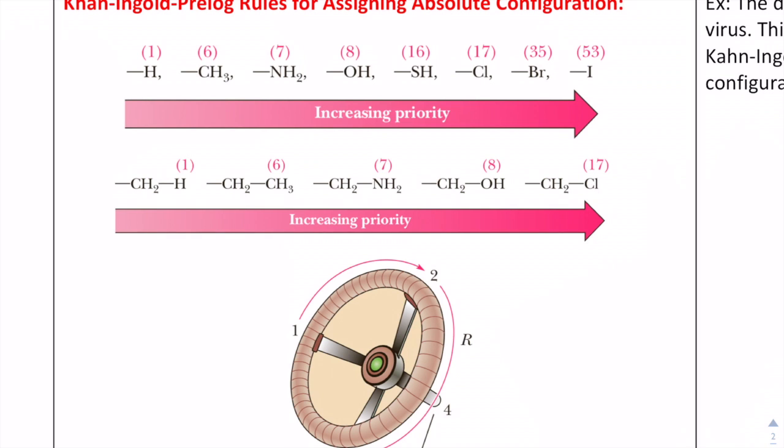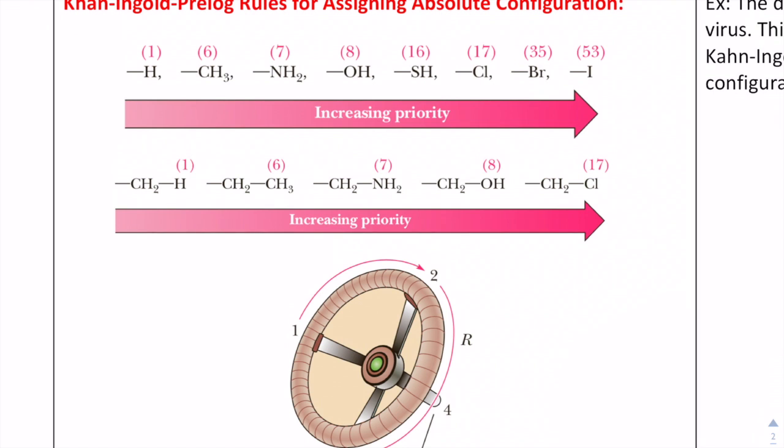And if we move up to the methyl group, that carbon is 6 on the periodic table, so there are 6 protons there, and so forth. So as we increase the atomic number, or go down or across the periodic table, we are going to increase priority. So atoms with higher atomic numbers immediately have increased priority. So that's rule number 1.